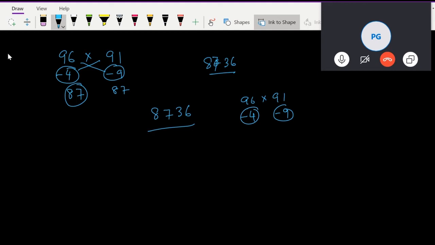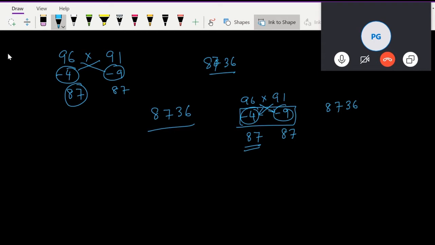So now just add the two numbers in a cross manner. So 91 minus 4 is 87, right? You can also do the other way around. 96 minus 9 is also 87. So you can do anyway. Doesn't matter. So 87 and then multiply these two. So minus 4 into minus 9 is 36. Right? Okay.